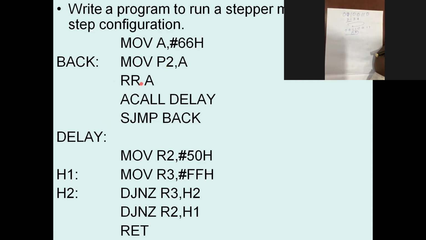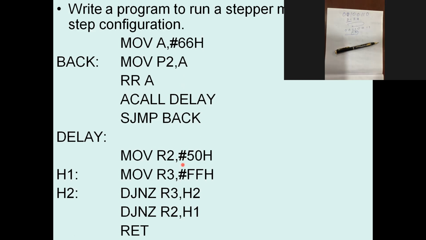Again rotate, again delay, again doing the same. So this procedure will go on and on, and your motor will rotate in clockwise. And if you give RLA, then anti-clockwise. If your delay is increased, motor speed will be reduced. If delay is lesser, motor speed will be increased.